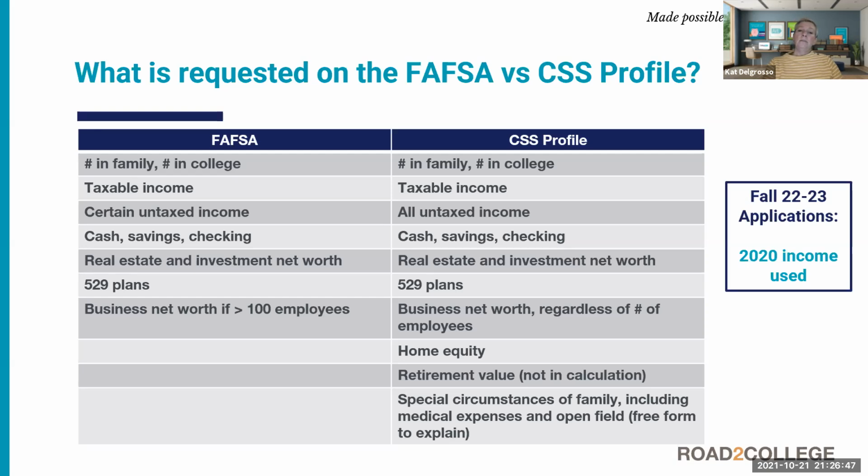The way the formulas work, both on FAFSA and Profile, is there's an income calculation and an asset calculation, and then they all get squished together into a total family contribution. More contribution comes from the income side than the asset side of both formulas.